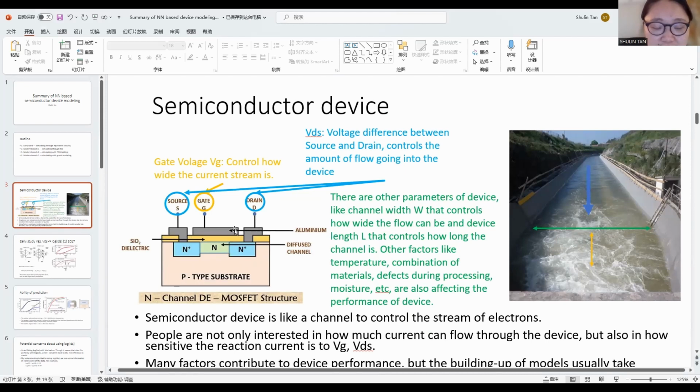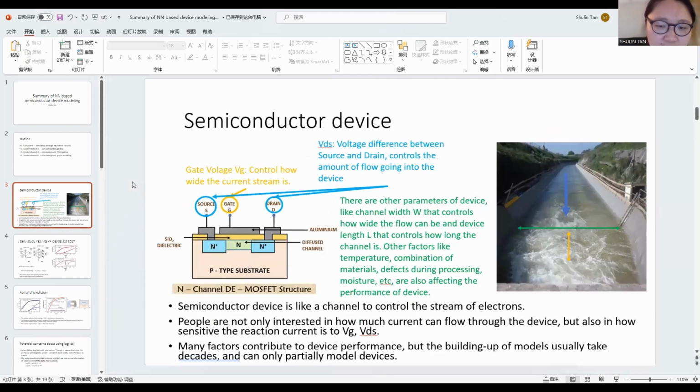It is a very sensitive system, with lots of parameters and lots of physics going on, so it's hard to build a physics model. It usually takes decades to build a good model. That's why I think neural networks will be very useful.